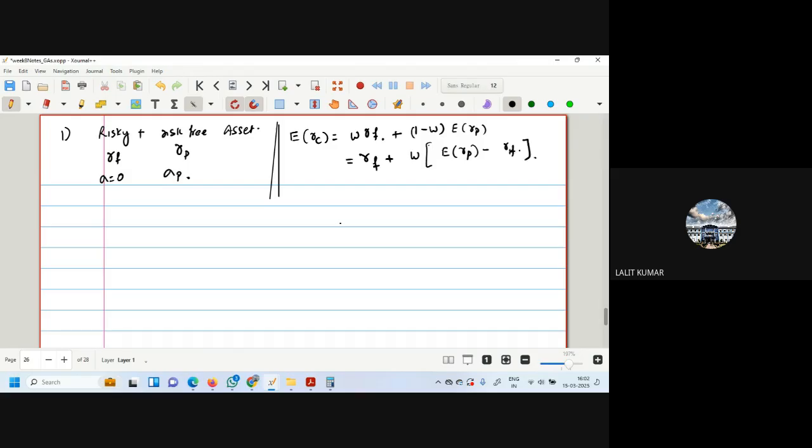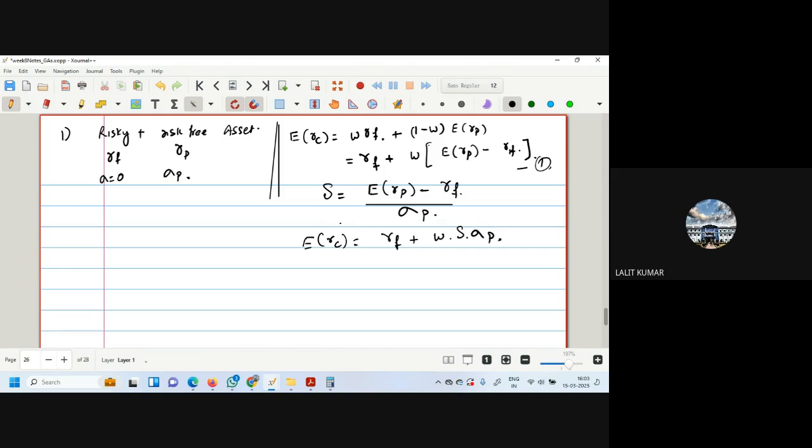And you define Sharpe ratio equal to ERP minus RF divided by sigma P. You replace this in 1. So your 1 will become ERC is equal to RF plus W into S into sigma P.